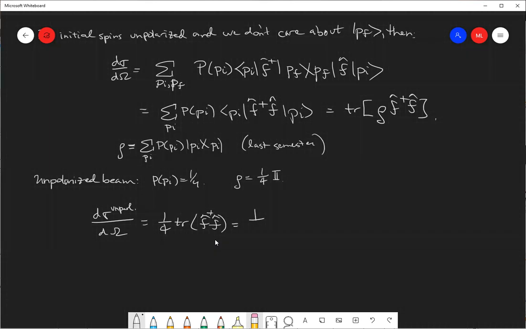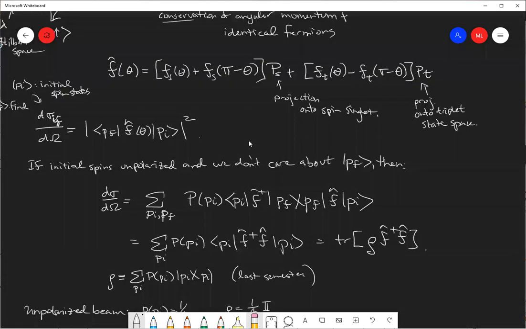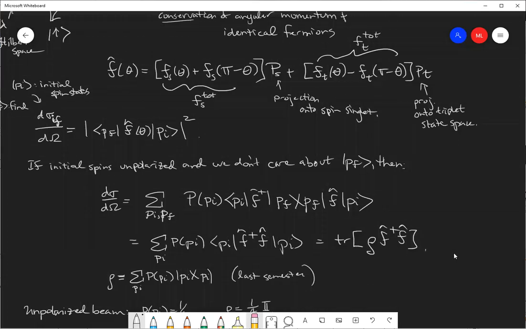We would get a quarter trace of the singlet amplitude star. And we're just gonna call this the total. I'm not gonna put in those minus signs. So this is FS total. This is FT total, just to avoid having so many terms.